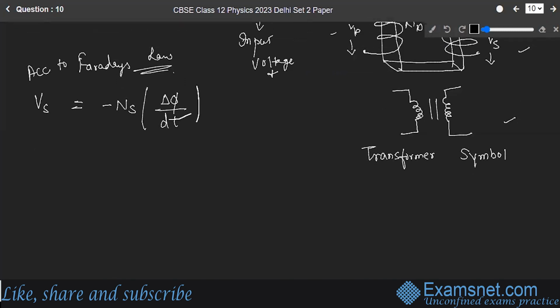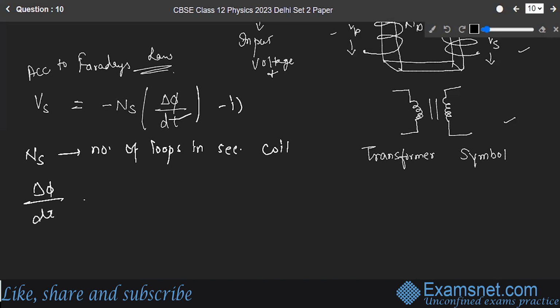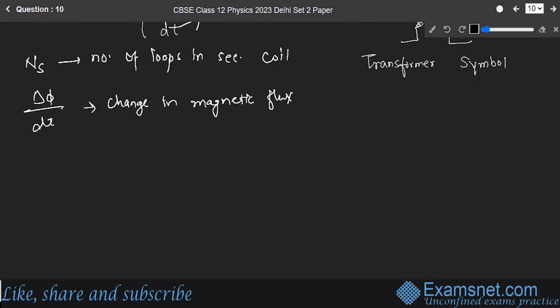Now here, let's say this is equation 1. Ns is the number of loops in the secondary coil, and d phi upon dt is the change in magnetic flux with respect to time.